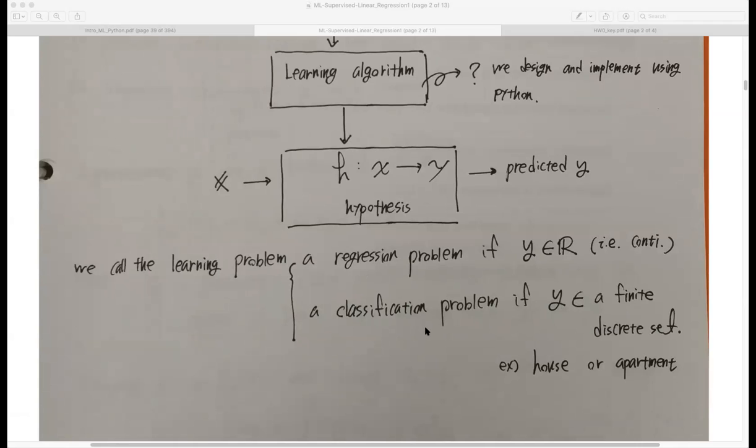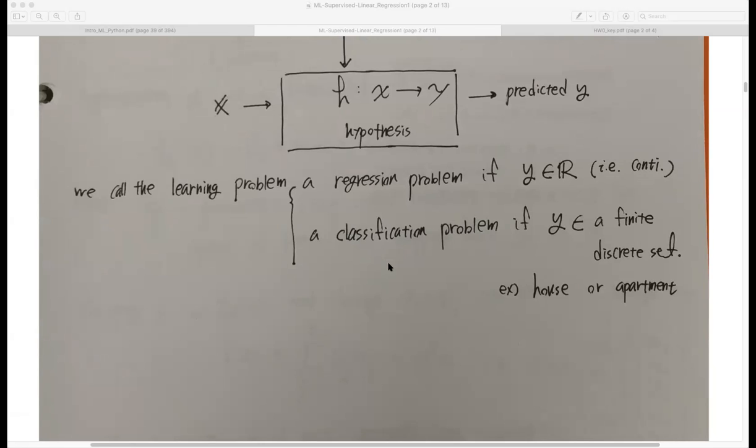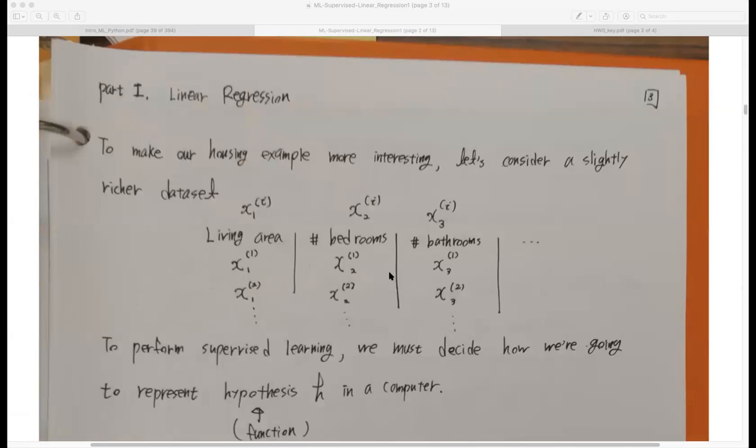The hypothesis does not return a real number. For an example of classification, please look at the chapter 1 lecture note. So now next one.